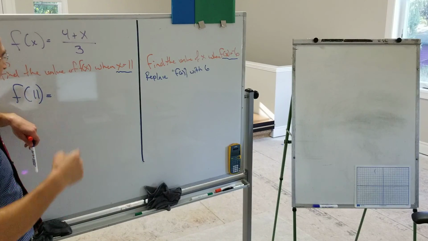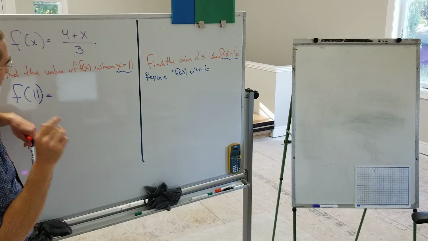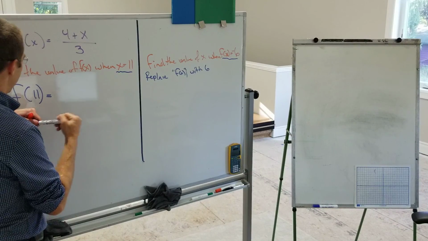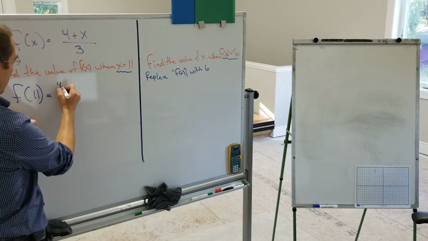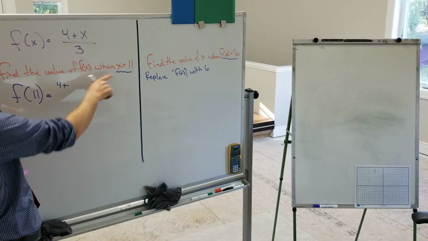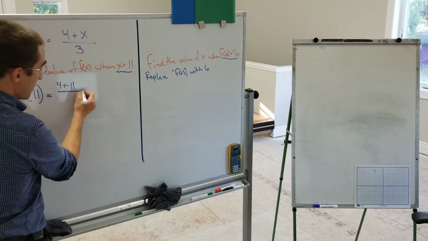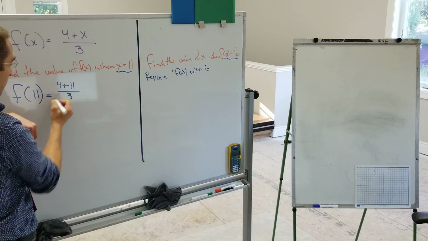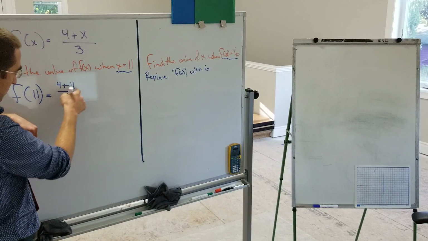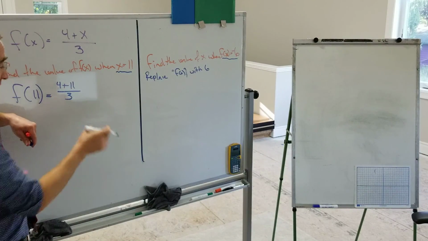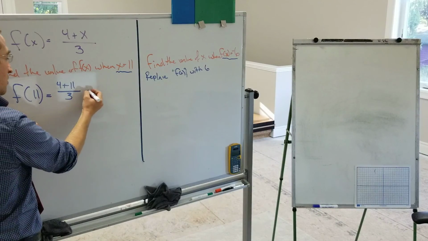And we're back. Hopefully you didn't just wait for that awkward pause. So here we go. 4 plus x, but instead of an x, we have 11, because it says when x equals 11. So 4 plus 11 over 3. Well, remember when it's a fraction, there are implied parentheses in the numerator.